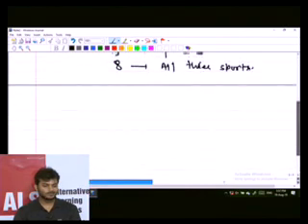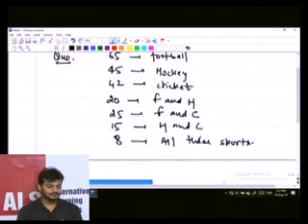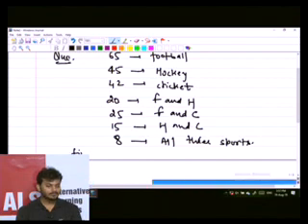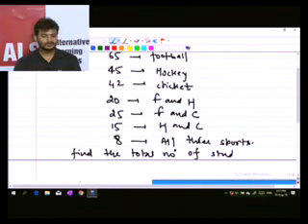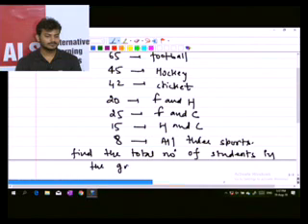Now the question is, find the total number of students in the group.